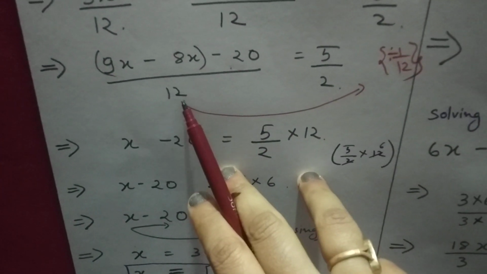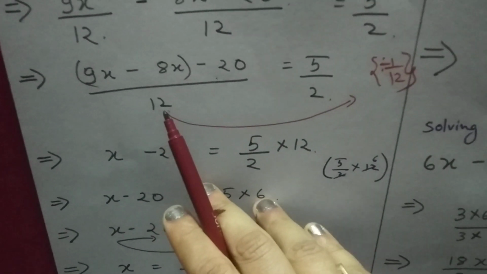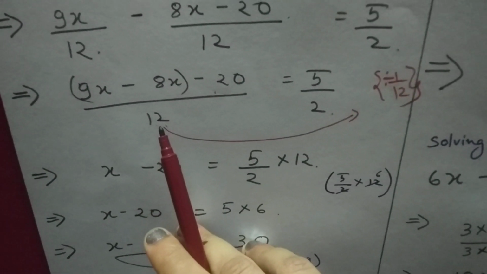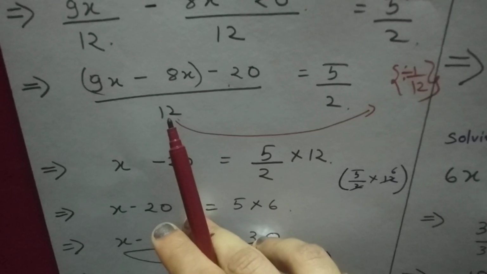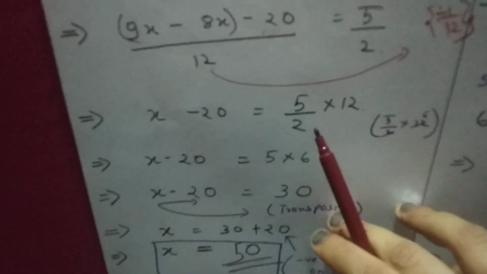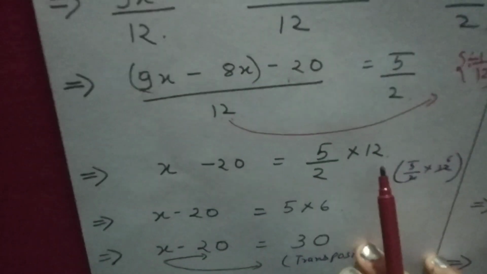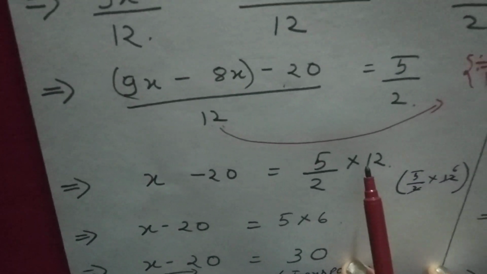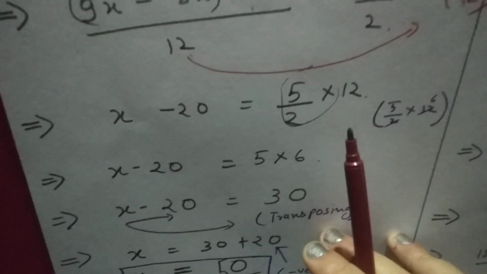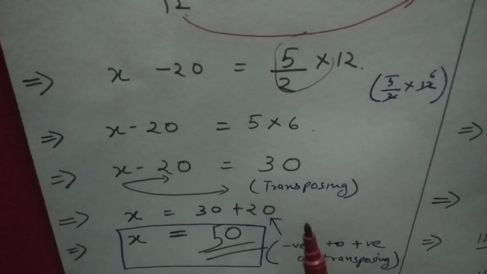Because 12 यहाँ division में है, so while moving this 12 to this side, the mathematical operation will change from division to multiplication. So this 12, जब other side move किया गया, will be in multiplication with this term. Okay, so we have done here like this.